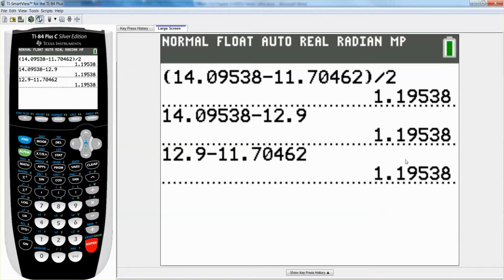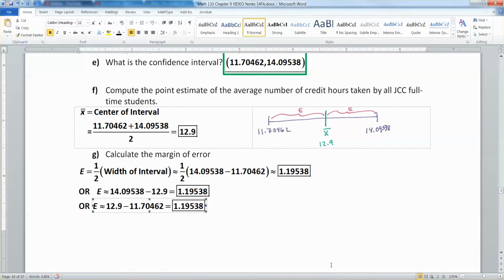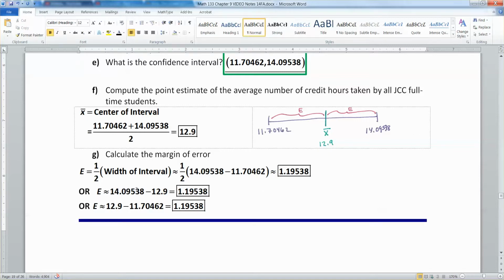That would also work. Every way I do it, I get 1.19538. There we go, I wrote it up that way. So you could take 14.09538, take away the mean of 12.9, the center, sample mean, or you could take 12.9 and subtract away 11.70462. Any which way you do it, you're going to get 1.19538.